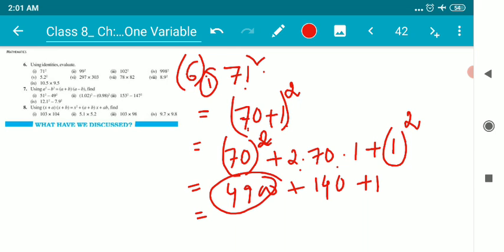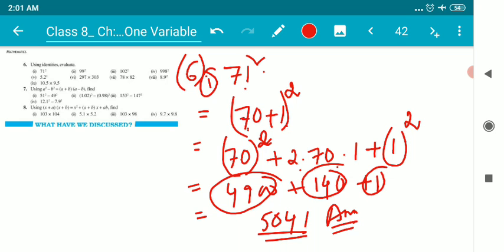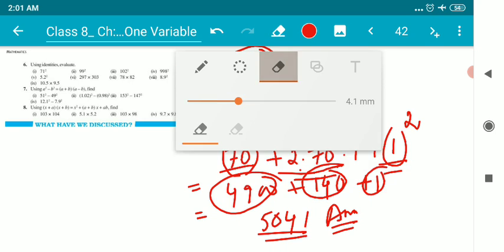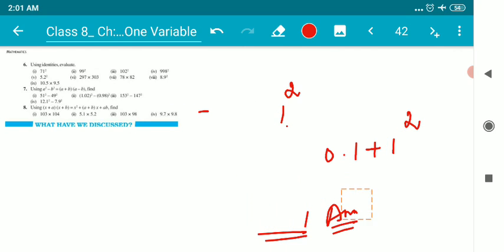So finally, if I add them up, I get 5041, and that is my answer, because it was 71 square. So 71 square means 70 plus 1 whole square, so a square plus 2ab plus b square. Now I hope it's absolutely clear.